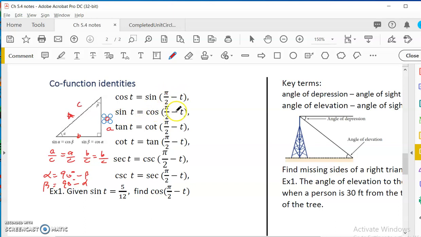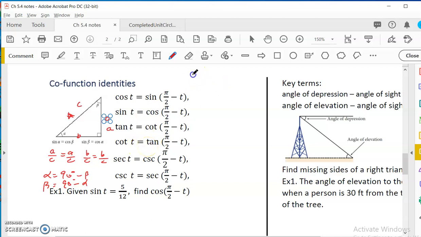Sine t would be cosine of pi over 2 minus t. And if you look at the definition of tangent, tangent and cotangent also have this cofunction relationship: cotangent t equals tangent of pi over 2 minus t. Secant and cosecant have the same relationship. That's actually the reason why we call them sine and cosine, because of these cofunction identities.